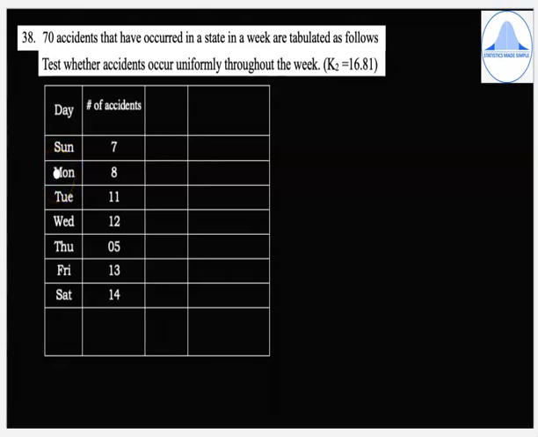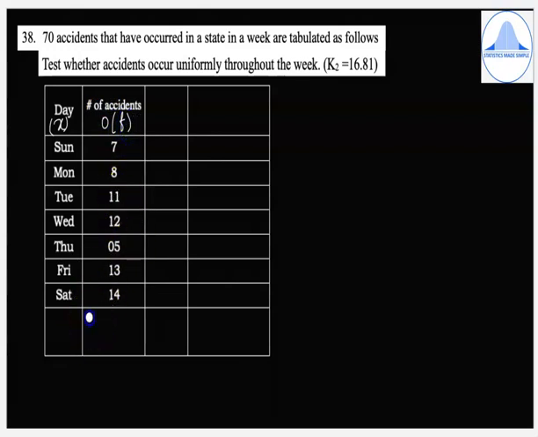They have given us days in the first column and number of accidents in the second. The number of accidents are 7, 8, 11, 12, 5, 13 and 14 for different days of the week. So let us mark day as X and number of accidents as O, and it is also the frequencies F.